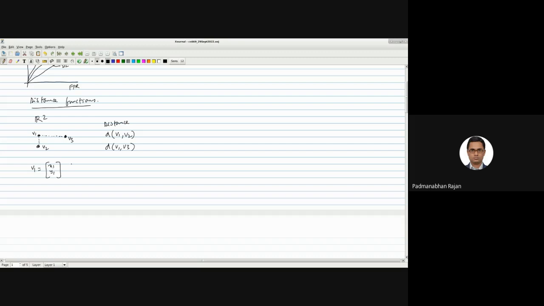These are the components, and v2 was x2, y2. When we wanted to find the distance between v1 and v2, the distance we used was x1 minus x2 the whole square plus y1 minus y2 the whole square, right? This was the standard distance which we used, the Euclidean distance.